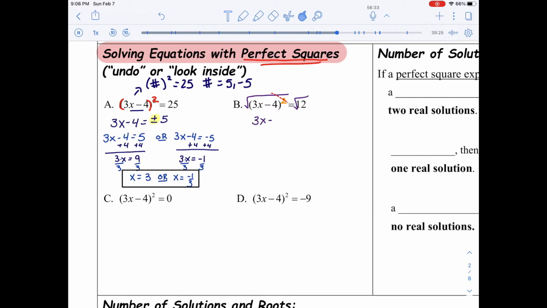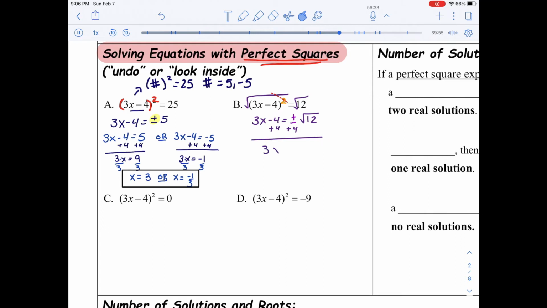So 3x minus 4 equals the square root of 12, but we know that there's actually two possible answers to this. So we write the positive and negative square root of 12. So now in order to solve, I'm going to use the same process as I did earlier. Add 4 to both the left side and the right side.